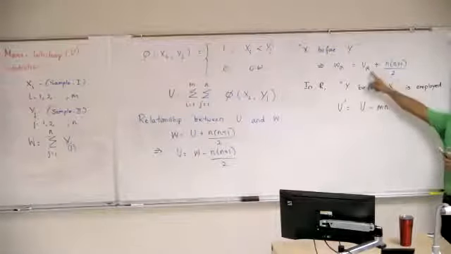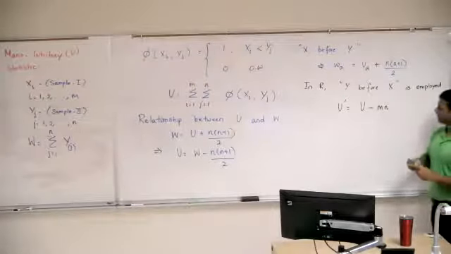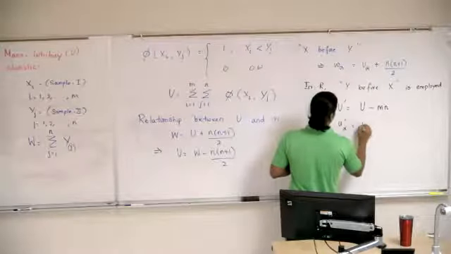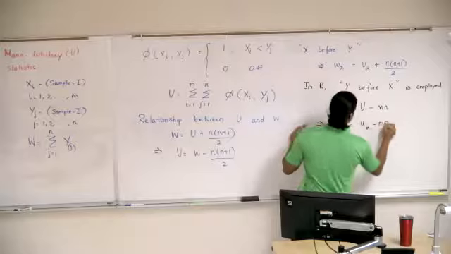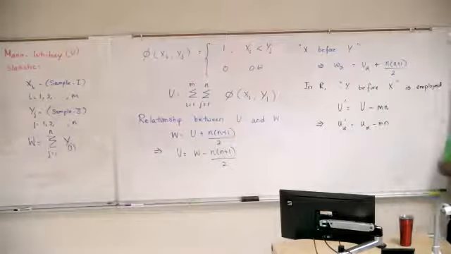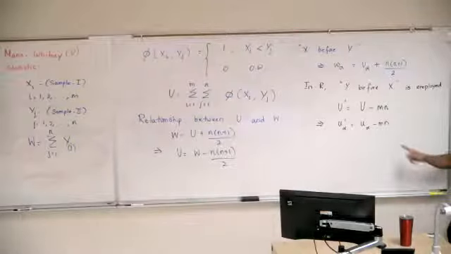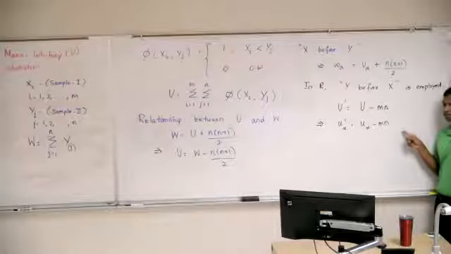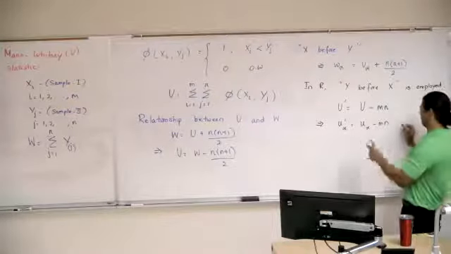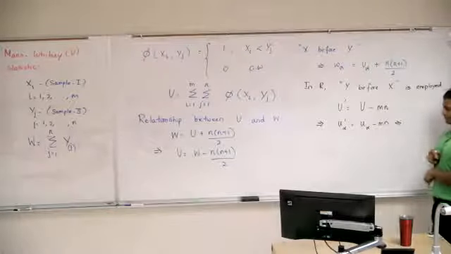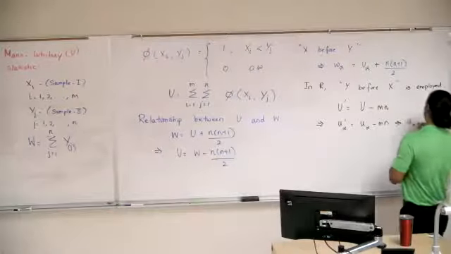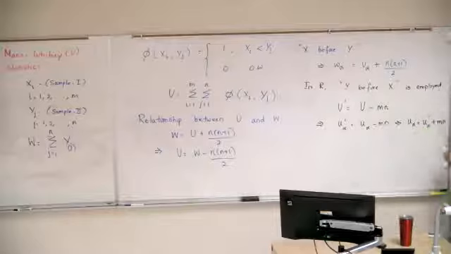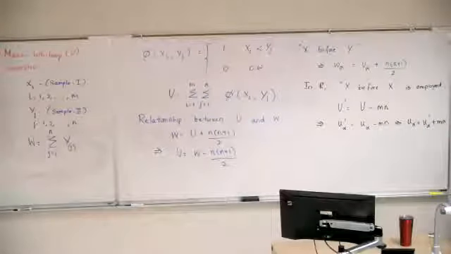So if I have to use U sub alpha, when I use pwilcox, qwilcox, it is going to give me U sub alpha minus mn in R. So we've got to rearrange this. Write it this way.